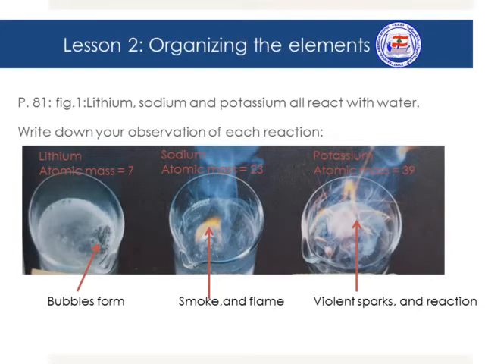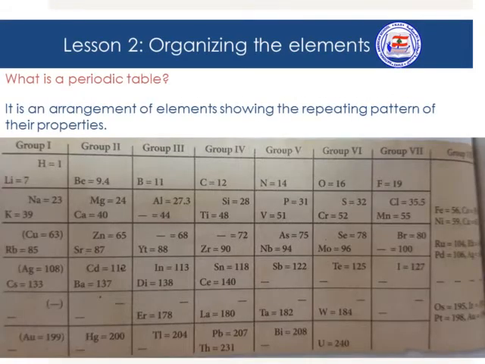Based on everything we explained, Mendeleev created what we call a periodic table. It is the arrangement of elements showing the repeating pattern of their properties, and these elements are arranged in order of their increasing atomic mass. But with time, scientists discovered that it is more accurate to arrange the elements based on their number of protons.